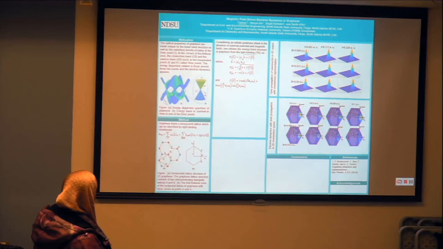So here are two atoms, A and B. If we consider A, there are 3 atoms that are nearest neighbors, and these blue atoms are next nearest neighbors. So this term in the Hamiltonian is for nearest neighbor atoms, and this second term is for next nearest neighbor atoms.